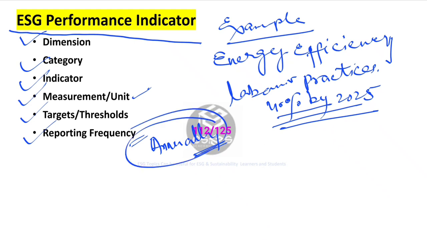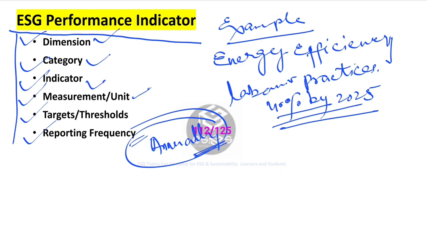So we can remember these performance indicators. Dimension represents the broad category, the environmental, social, governance dimensions being measured. Then in the category we see further breakdown of the dimension into specific focus areas like materiality topics, energy efficiency, labor practices, as I said, or board diversity.